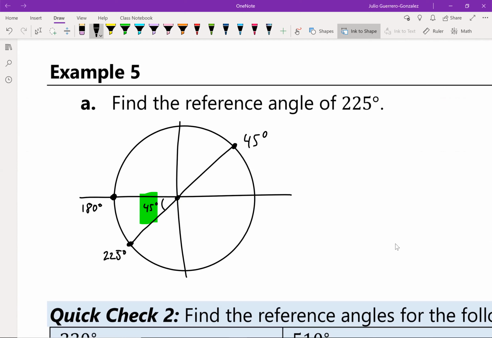So the values for 225 degrees are equivalent to the numbers we're going to see for 45 degrees, with the exception that our values are now in Q3. Does that make sense?